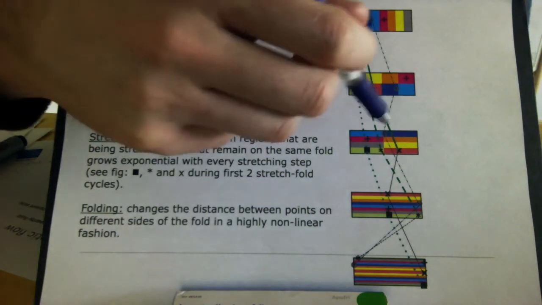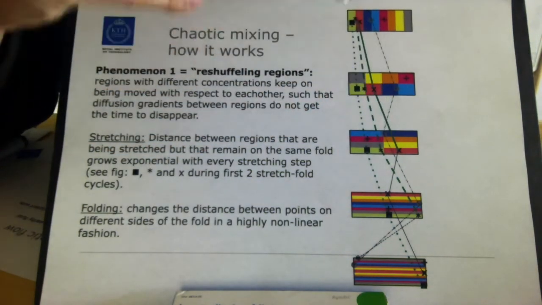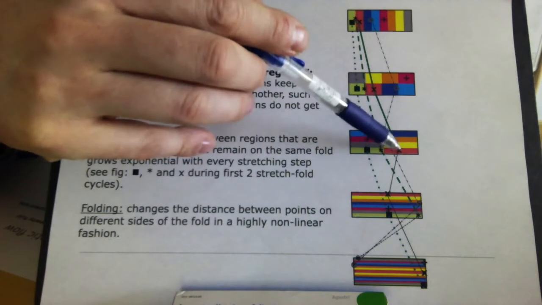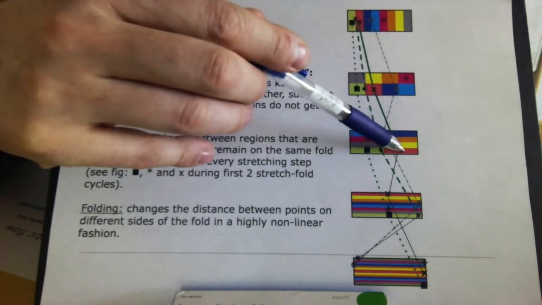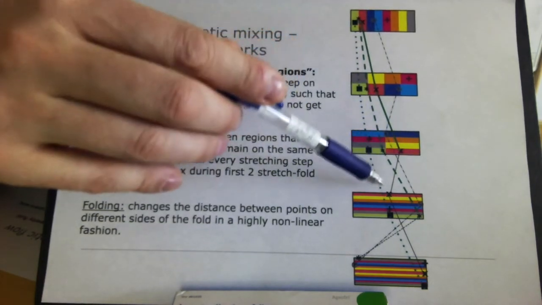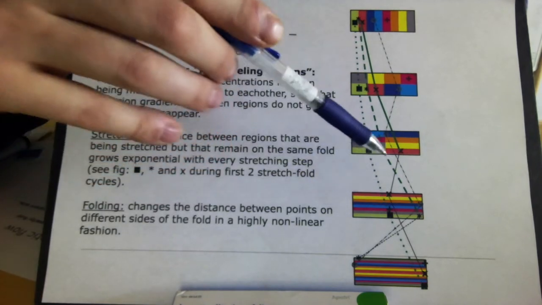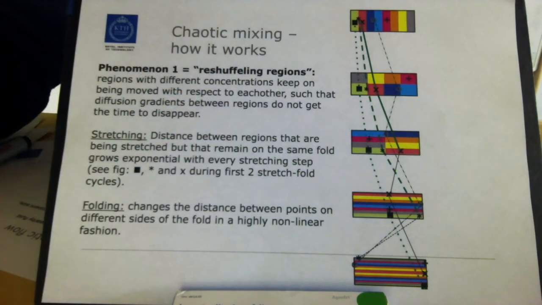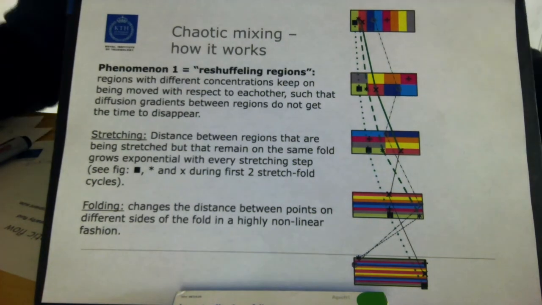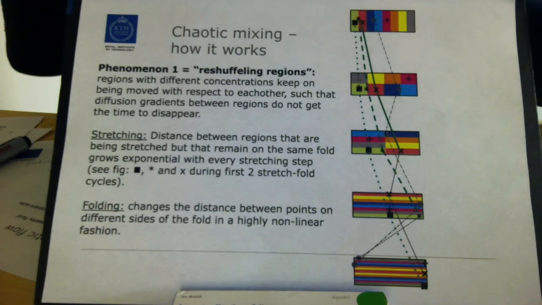Every folding action, though, like for example here, if I follow this line, between this point and this point here, this point now gets folded on top here, so it moves from this point to this point, which is kind of a rather random movement. So every fold changes the distance between the points in a kind of random fashion, in a highly nonlinear fashion.